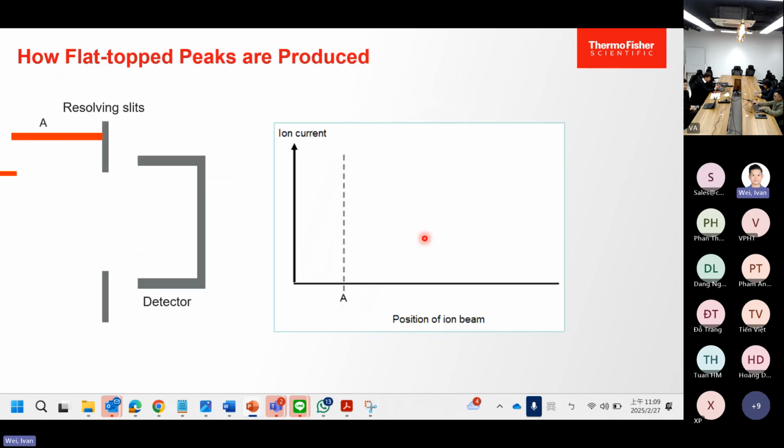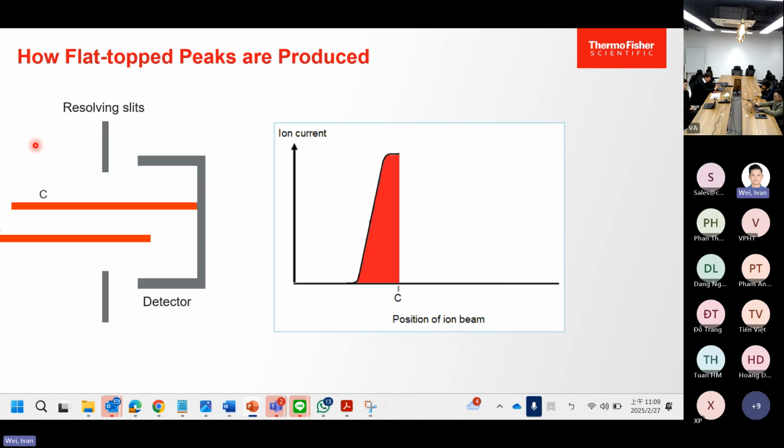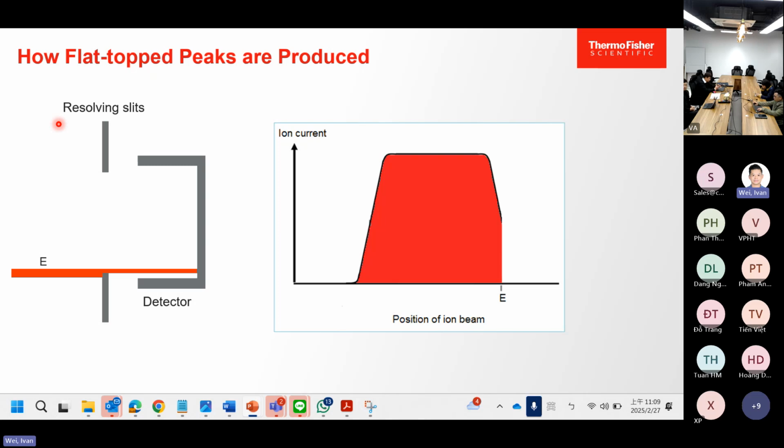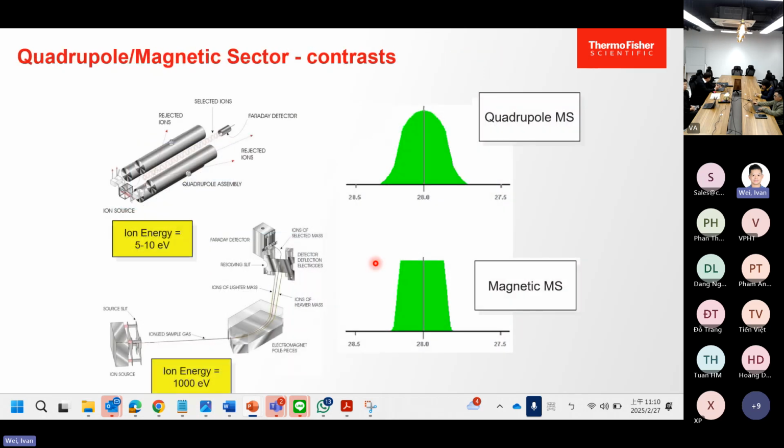So this is how the Faraday detector works. As you can see, when the different fragments come in, they go through a resolving slit. That means the detector is able to capture all those rays or all those ions into sections. Because the detectors are different, the way we see the graph is a little bit different. For the conventional quadrupole MS, you'll see the shape of the spectrum is like this.